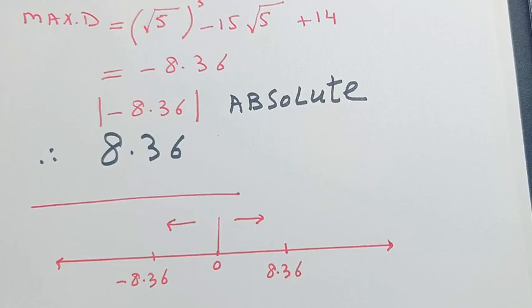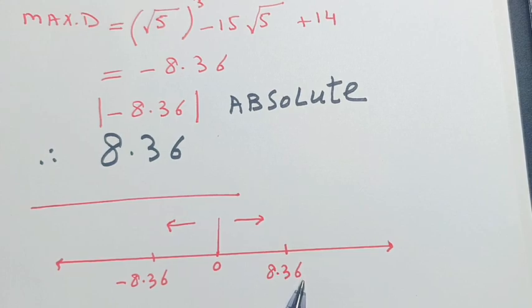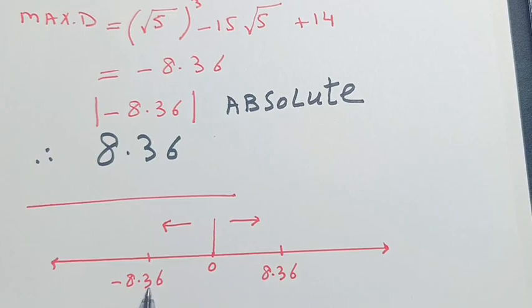The idea of absolute value is that of distance. It doesn't matter if you moved 8.36 units to the right to get to positive 8.36, or you moved 8.36 units to the left to get to negative 8.36.